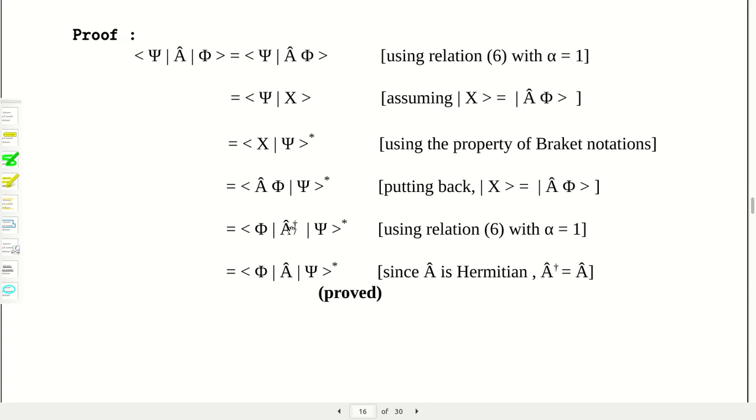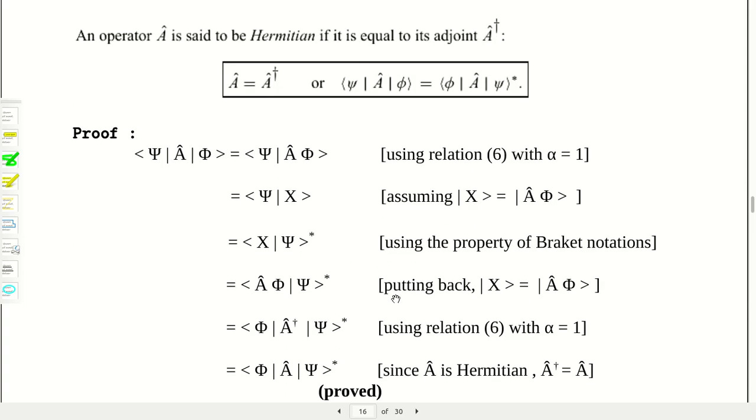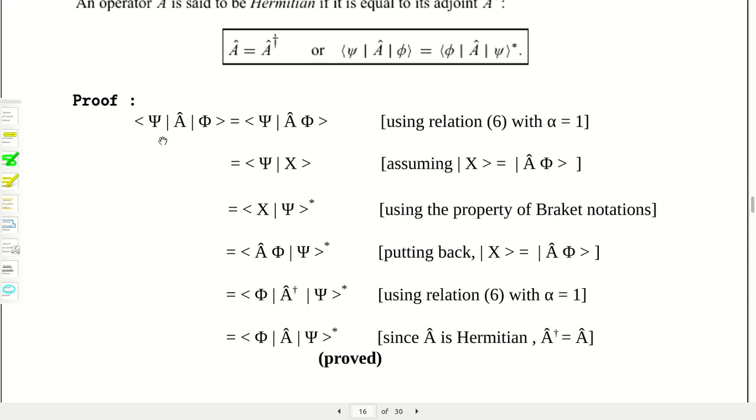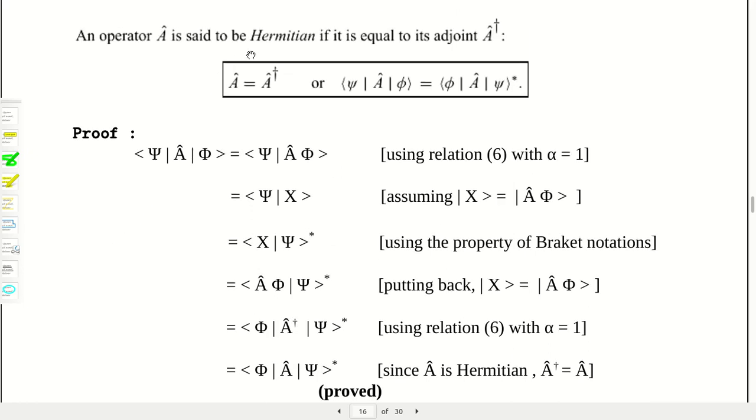And now a dagger is equal to a according to the definition of Hermitian, then ⟨φ|a|ψ⟩* is equal to ⟨ψ|a|φ⟩. It is proved. If you assume this, you can prove this formula. I would prefer you assume that a is equal to a dagger and prove this relationship, then it will be easier, and this will consolidate that the operator a is Hermitian.